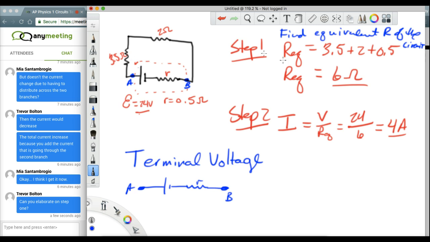So really I just have 3 resistors in series, so all I have to do is add up their individual resistances. So the first resistor was 3.5, the second one was 2, and this third one here was 0.5. So just because this resistor is inside the battery, it doesn't change any of the math that we do. So my overall, did I add something wrong? 3, 4, 5, 6, no, that's right. So my equivalent resistance is 6.